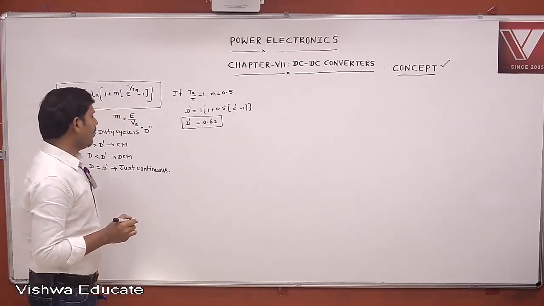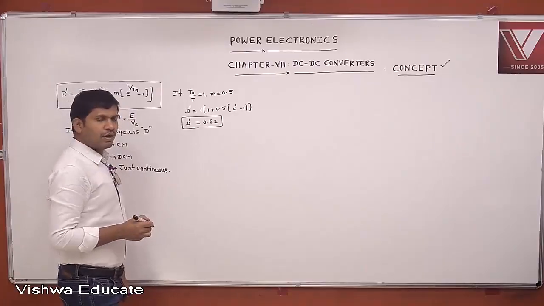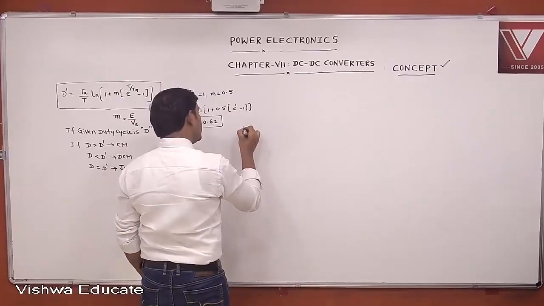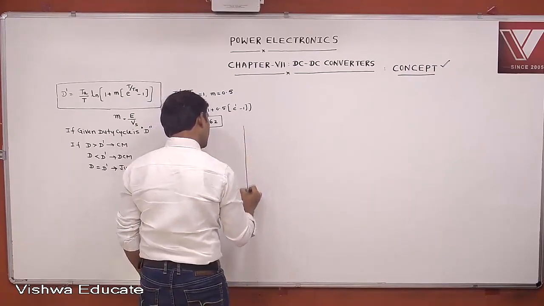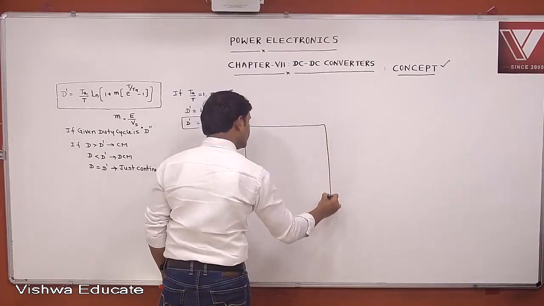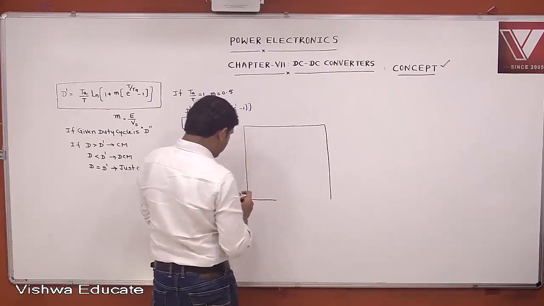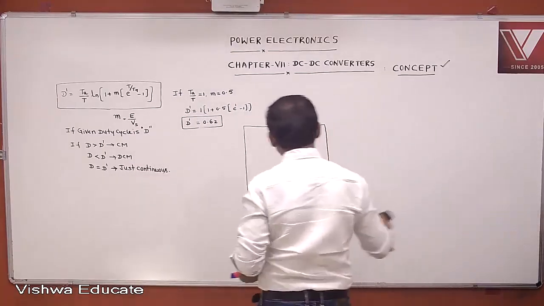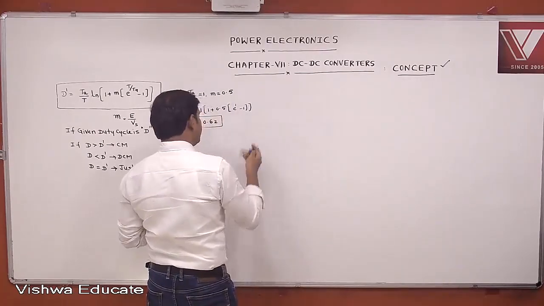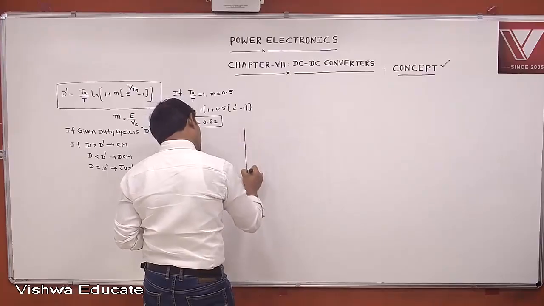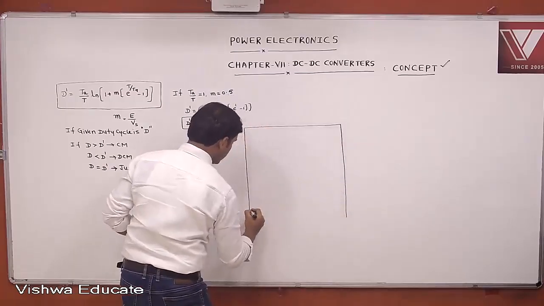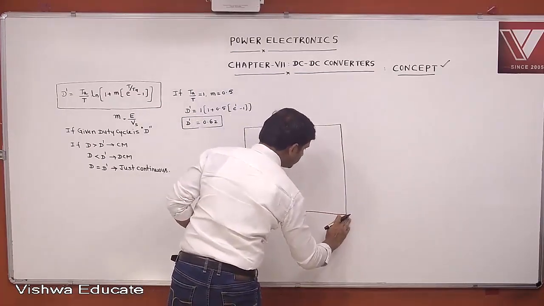Okay. Now with this observation, if you draw the characteristics, here I am explaining this concept, which is the continuous mode region and which is the discontinuous mode region.